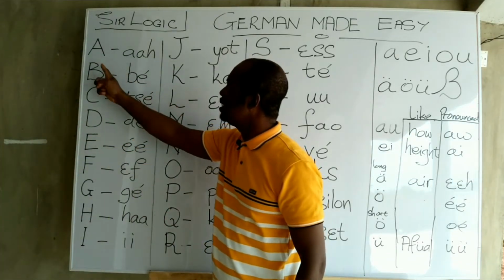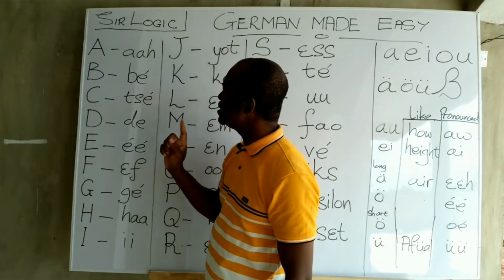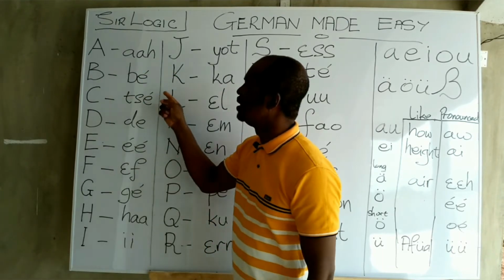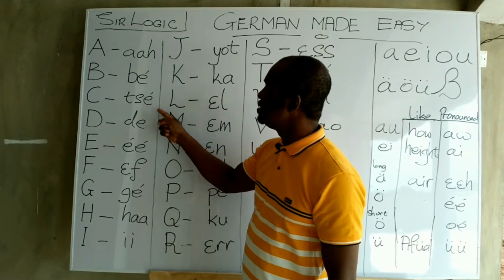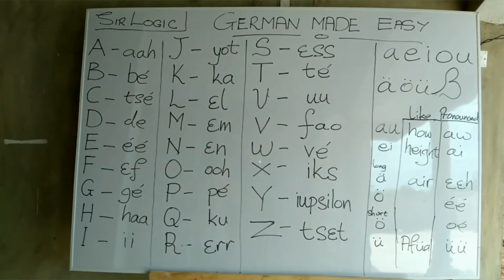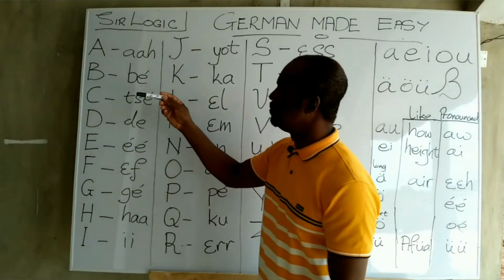Here would have been A, B, C, D. But they say A. Say A. A. B. C. D. Let me get a pointer. So here we go.